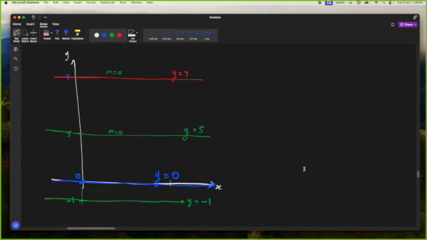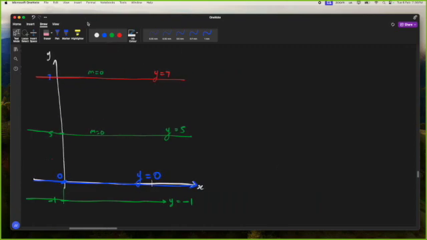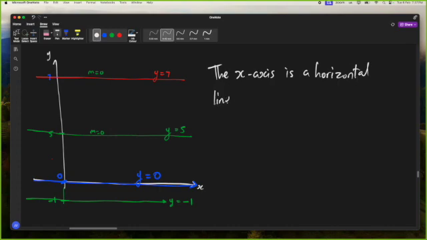So let's make a note of that real fast. The x-axis is a horizontal line cutting the y-axis at y is equal to 0.